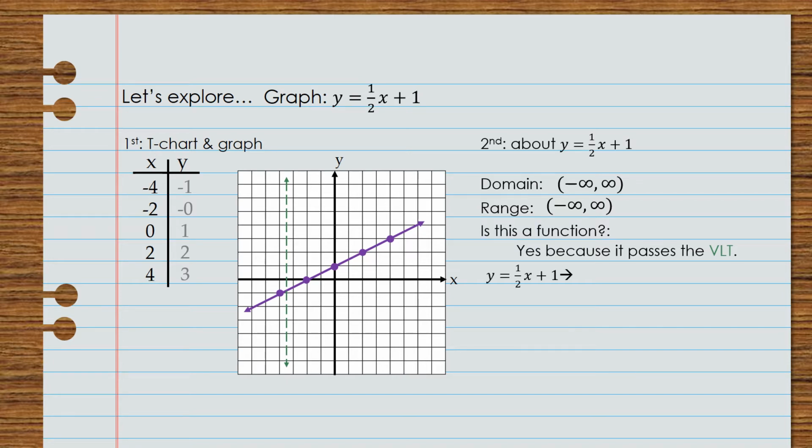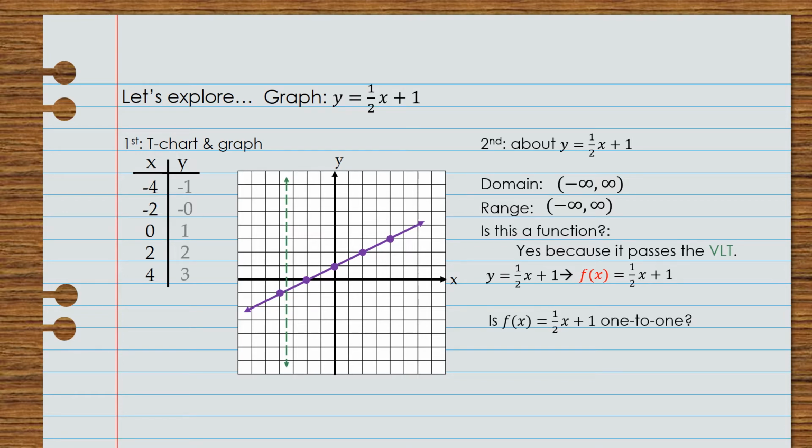Now, since we're saying this is a function, I can now rewrite this equation in function notation, which simply means you take out the y and in its place put in f of x. And now we can read this as f of x equals 1/2 x plus 1. All because it passed the vertical line test, which guarantees this is a function.